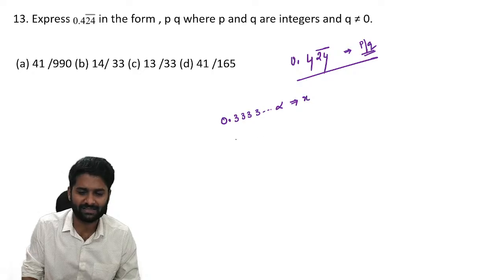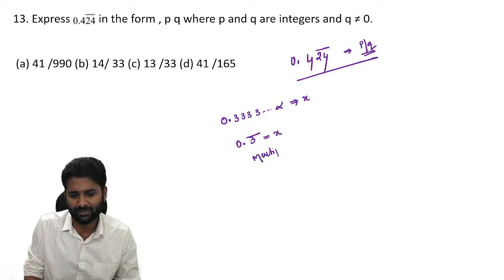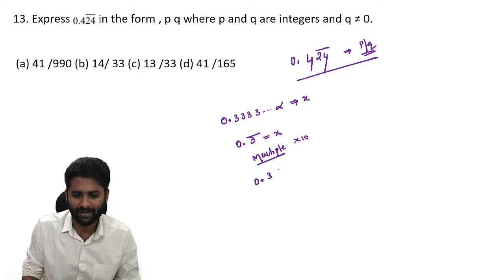Let us consider x. 0.3 bar is equal to x. Then multiply. We have to eliminate the bar value, right? Multiply with 10 on both sides.